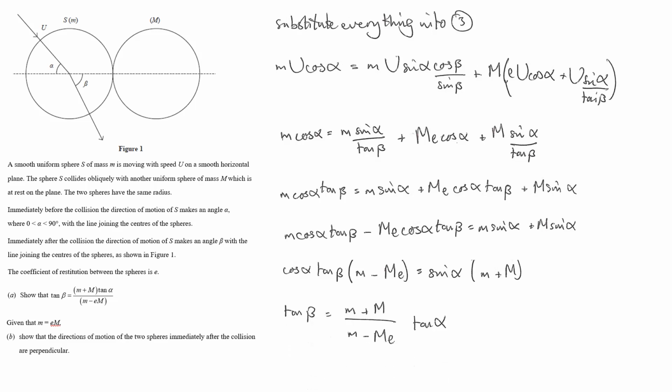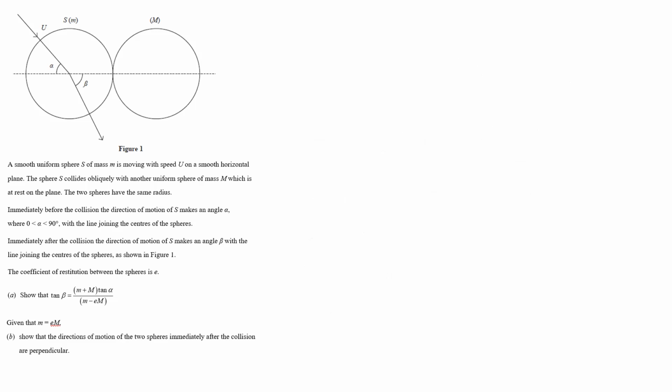And then I divided through by cos alpha, and divided through by little m, take away big E M, right, which is what we wanted. Right, it says, given that small m is equal to E capital M, show that the directions of motion of the two spheres immediately after collision are perpendicular.